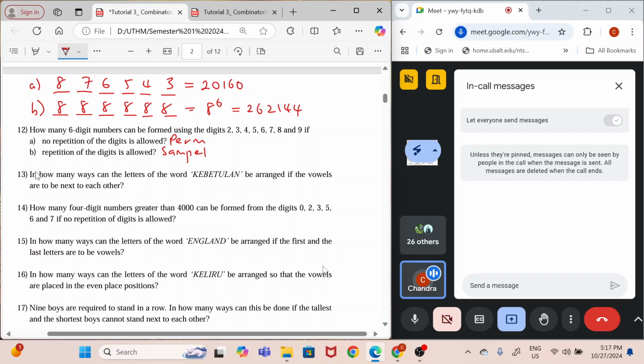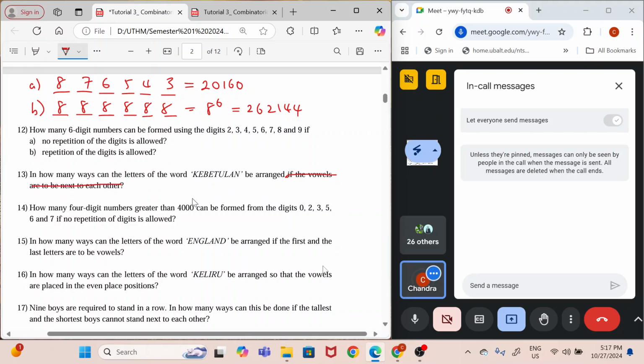Now, this is some kind of extra question. In how many ways can the letters of the word Kerbotolan be arranged? That's it. The question now is, in how many ways can the letters of the word Kerbotolan be arranged? This one, don't put a condition. No condition.